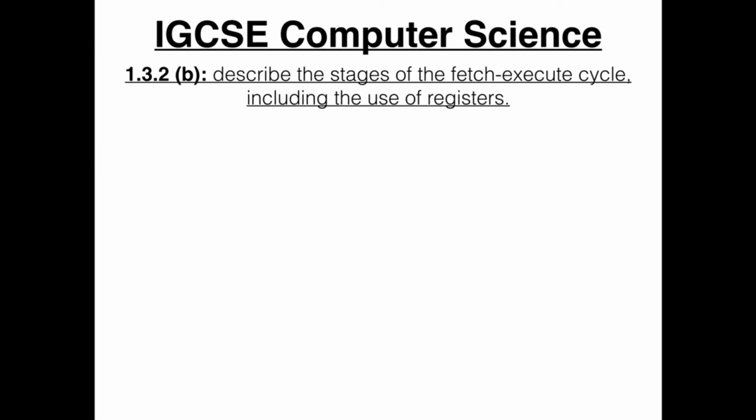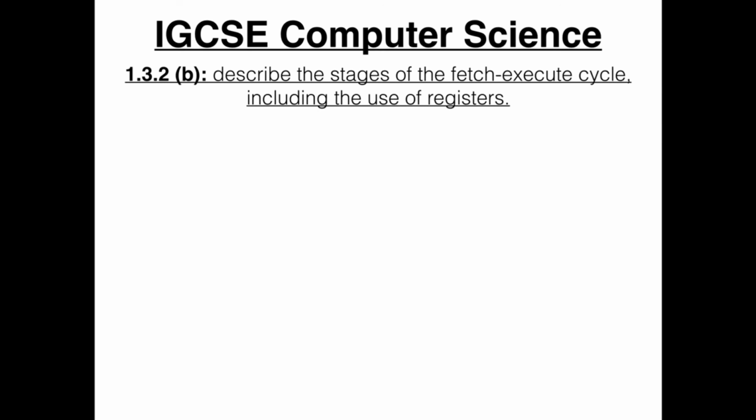IGCSE Computer Science, Syllabus Statement 1.3.2b: describe the stages of the fetch execute cycle, including the use of registers. In the last video we had a look at the von Neumann model of the CPU, and we looked at three of the registers in depth: the MAR, MDR, and accumulator.